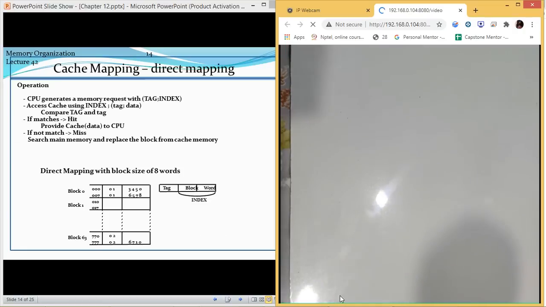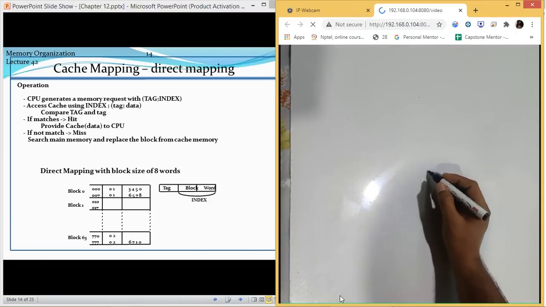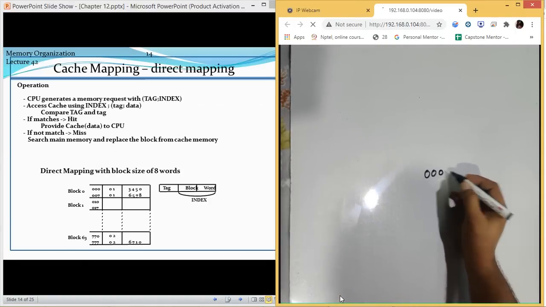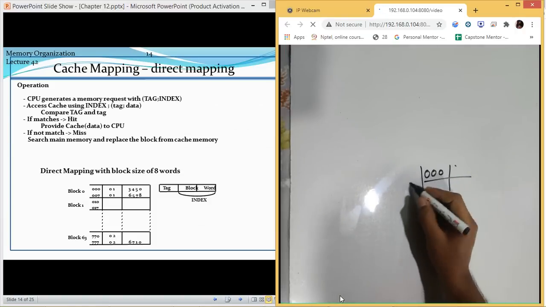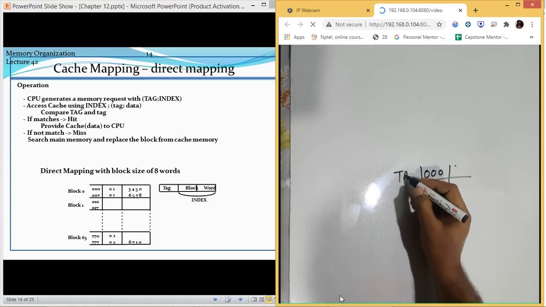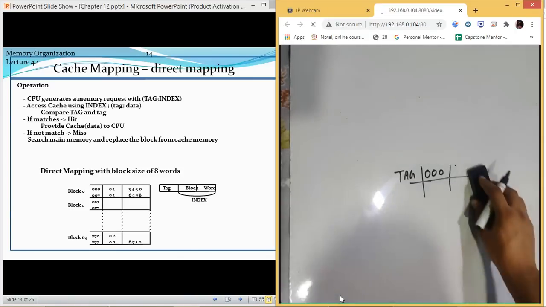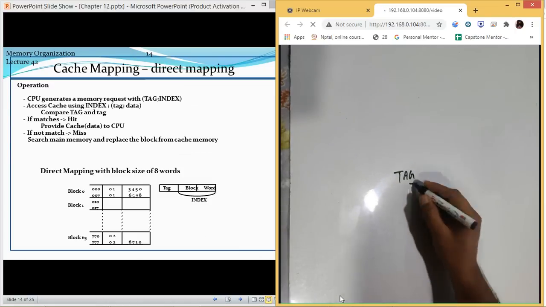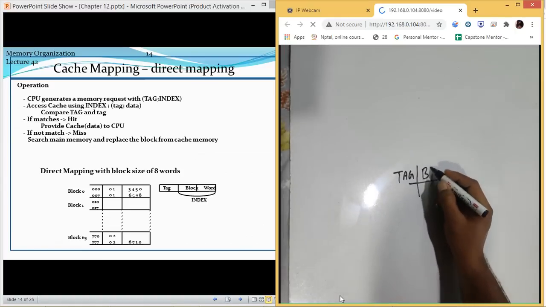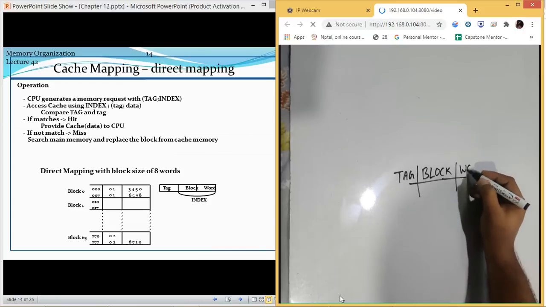If you have seen it properly, at one location we have an index as well as something known as a tag. So the tag was there, we had the line number, we had the block, and we had the block offset or word.